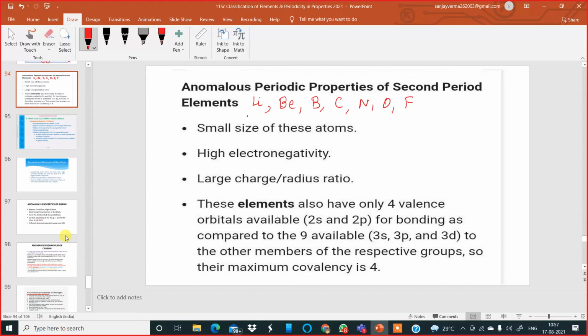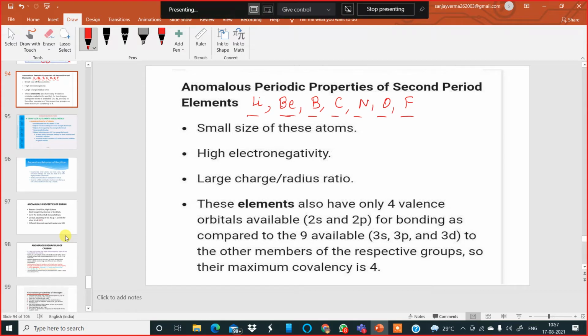These elements, lithium, beryllium, boron, carbon, nitrogen, oxygen, fluorine, are the first elements in their groups, in the second period. They show a slightly different character. They show anomalous periodic properties compared to the other elements in their respective groups.